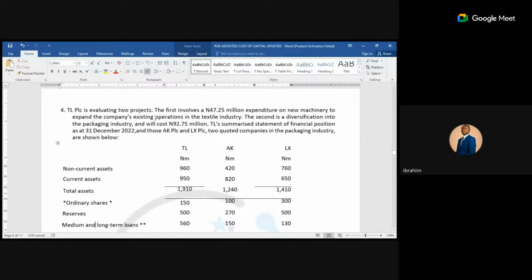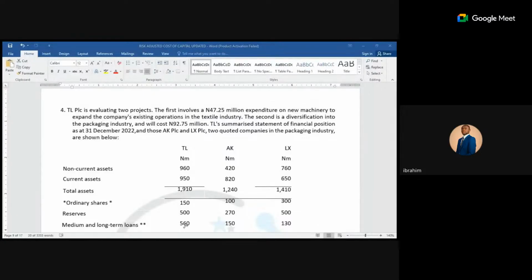TPLC is evaluating 2 projects. The first involves a 47.25 million expenditure on new machinery to expand the company's existing operations in the textile industry. Now, the first project is that they want to do an expansion, not that they want to diversify.